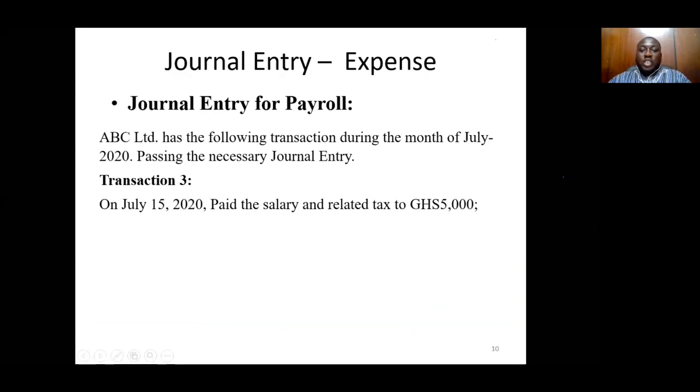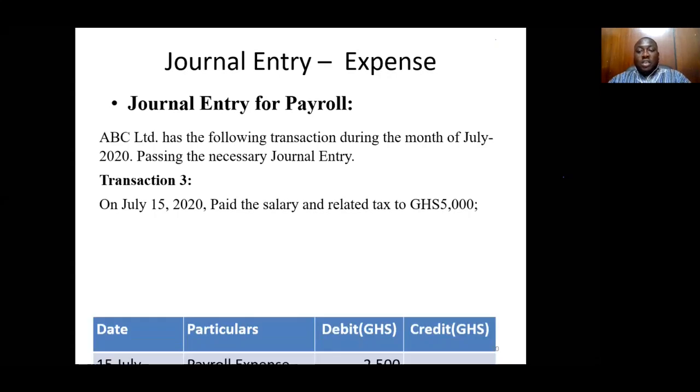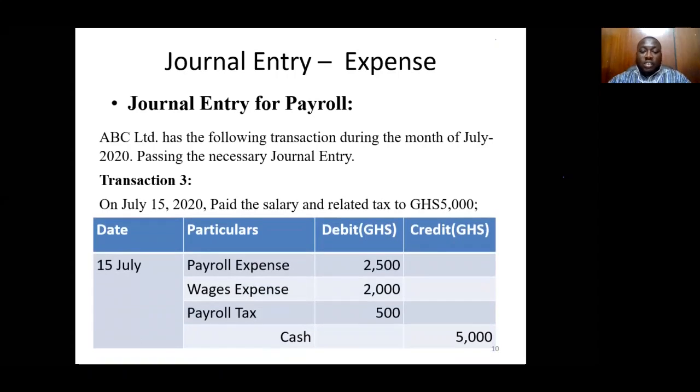With respect to expenses in terms of payroll, on July 15th, the company pays salary and related tax to the sum of 5,000 Ghana cedis. In passing the journal entry, payroll expense, wage expense, and payroll tax will be debited and cash account credited.